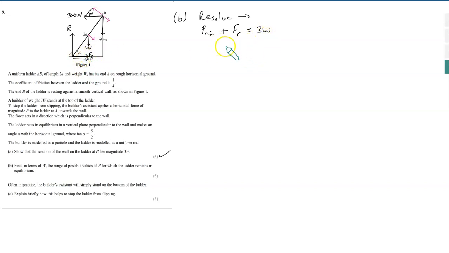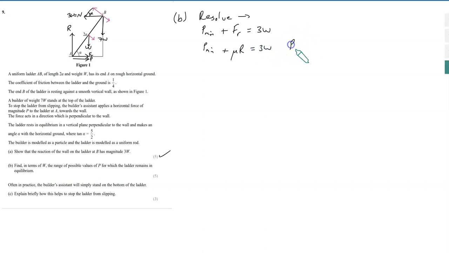Okay, so P min plus mu R, which we found to be 8W. We'll just put that in there for now, and then we'll substitute.